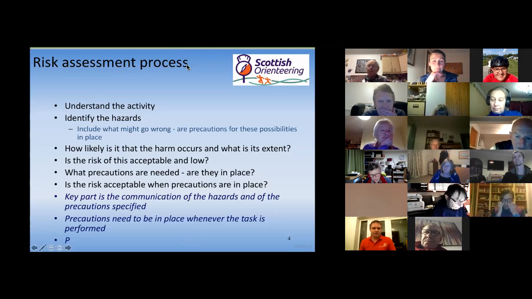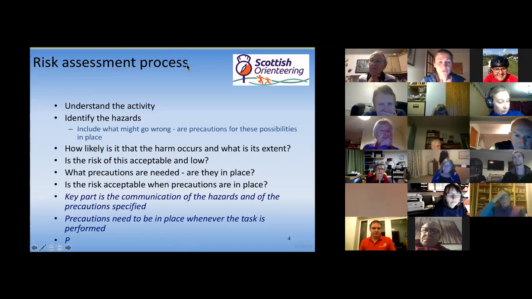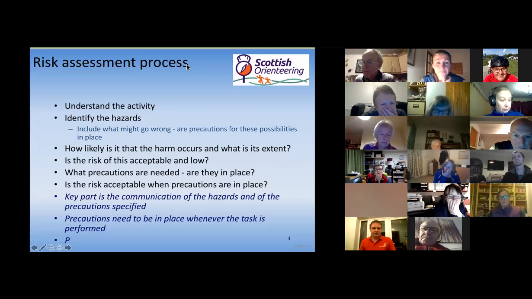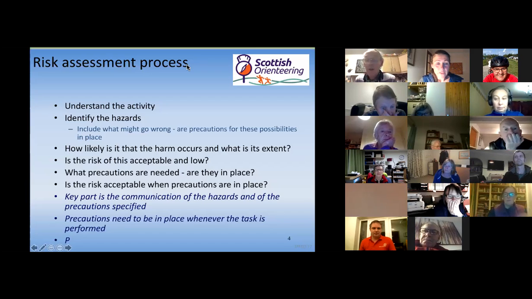The road journey to get there. Tripping, slipping, other people and their activities in the forest, adverse weather, changing terrain, water hazards, getting out of the map area. Poisonous trees, crags, poisonous animals, losing a participant.